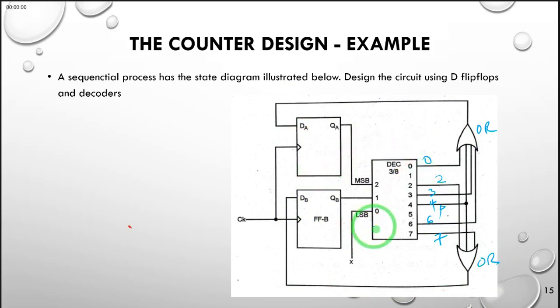The input to our 3 to 8 decoder is simply QA, QB, and X, because we are arranging them in the order QA, QB, and X. X is our least significant bit and QA is our most significant bit, therefore the least significant bit is fed by X, QB gets into 1, and the most significant bit, QA, feeds into number 2. And that becomes our decoder with the flip-flops implementation of our state diagram.